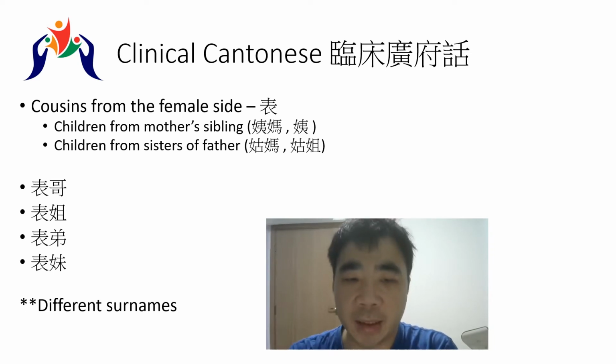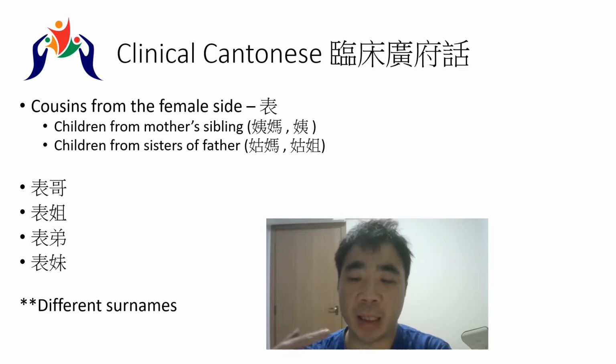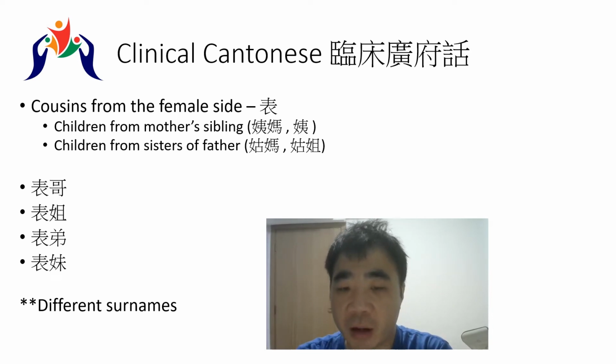Then cousin from the mother side, we call it 表. Look at my lips clearly. 表. Okay, make sure close your lips, otherwise you will cause some trouble, please. So from the mother side, or from the sister of the father side. Yeah, complicated, right?